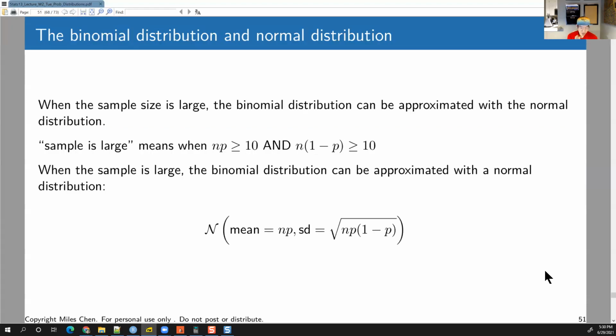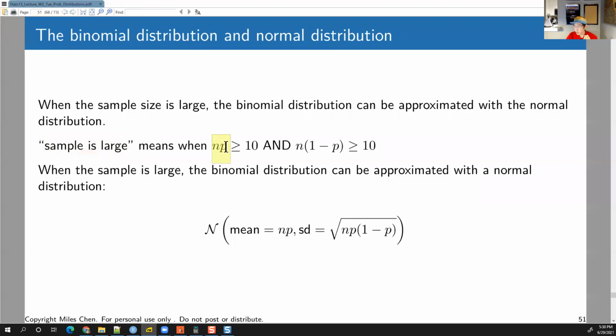Earlier we talked about the binomial distribution, and then we talked about the normal distribution. This section is all about when you have a really big binomial distribution, like a really big sample size, the binomial distribution looks a lot like the normal distribution. When we say the sample size is large, it depends on both n and p, so what probability we're talking about.